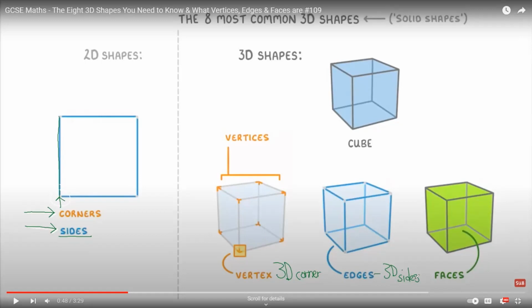For example, how many faces does this cube have? Six. Good.